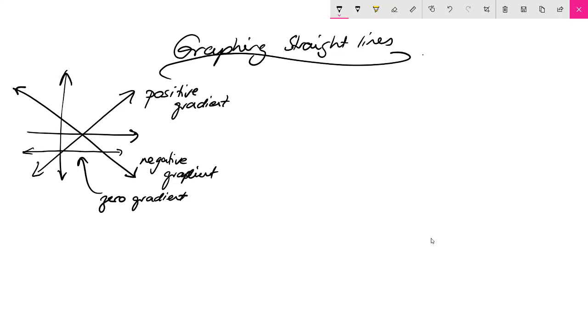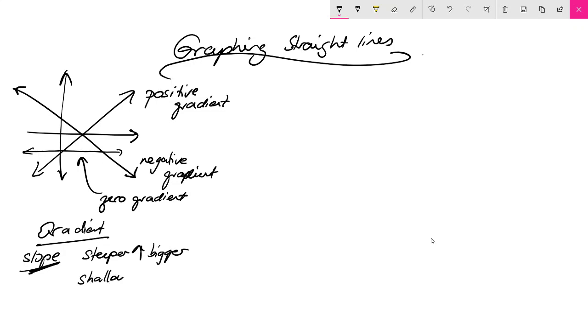We learned in Year 9 that a gradient describes the slope of a line. Okay, so the steeper the line, the bigger the gradient, and the shallower the line, the smaller the gradient.